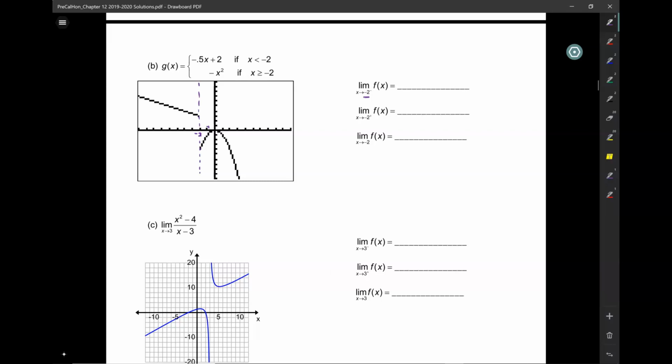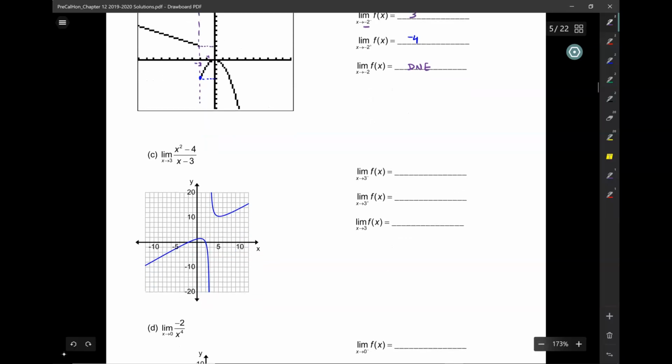Immediately to the left of this line, the y value is positive 3. Immediately to the right of this line, well, that's that point. What is the value? -1, 2, 3, 4. So what is the limit as x approaches -2? DNE, because 3 and -4 are not the same.